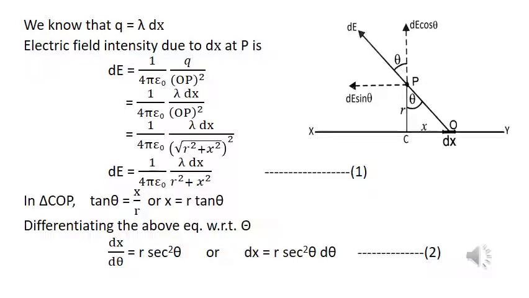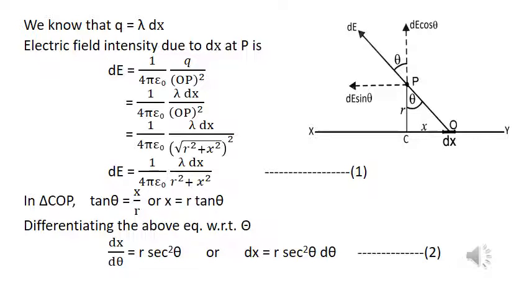We can obtain the value of OP from Pythagoras theorem in triangle POC. In this expression number 1, we have to remove all the variables which we have considered, like x and theta.